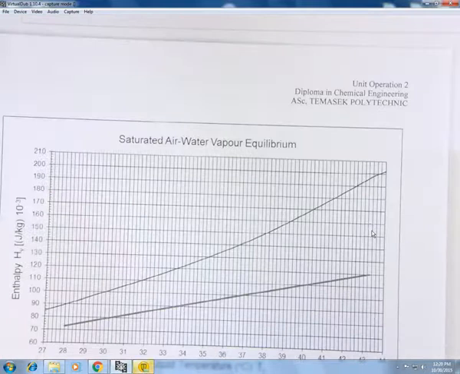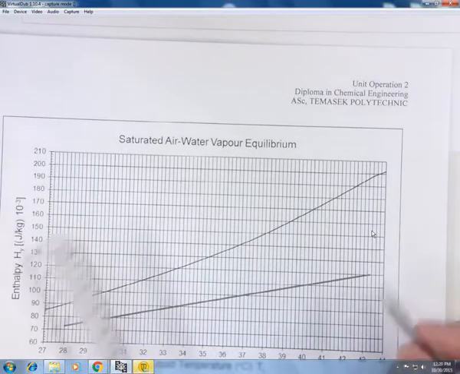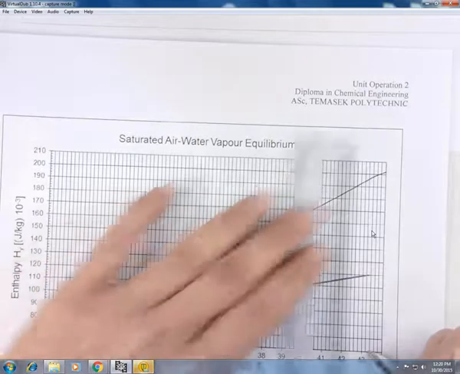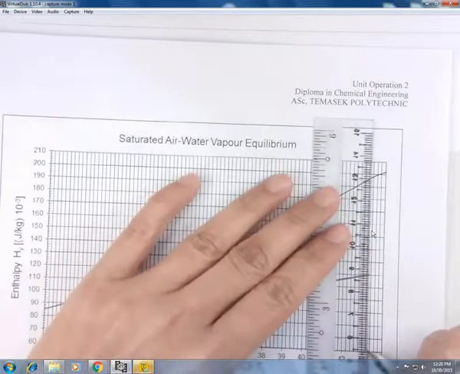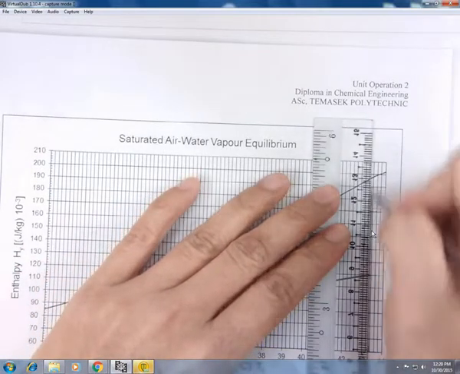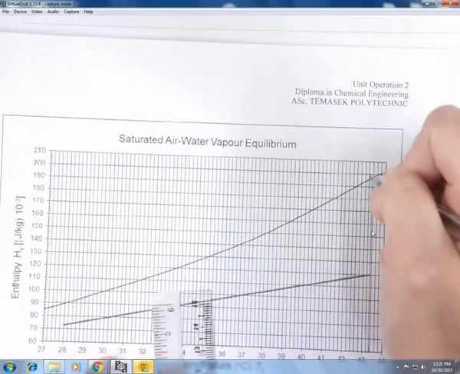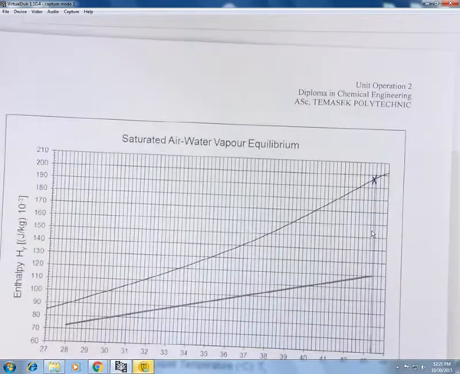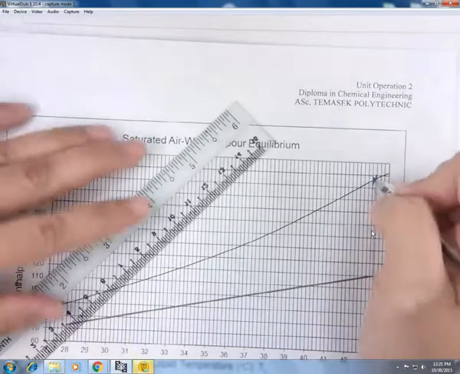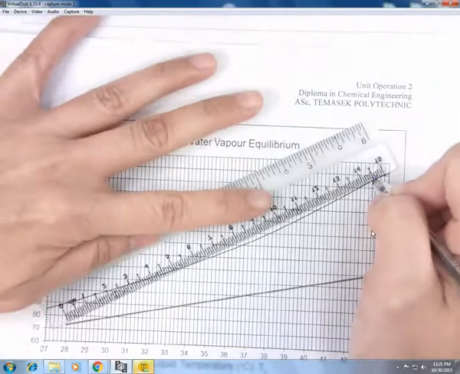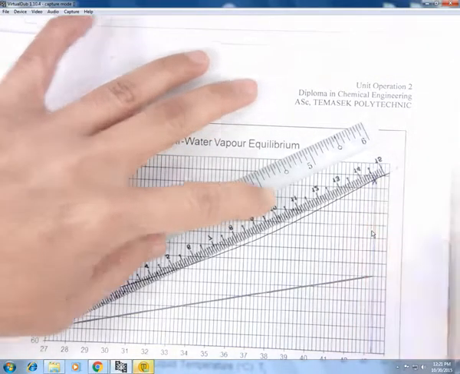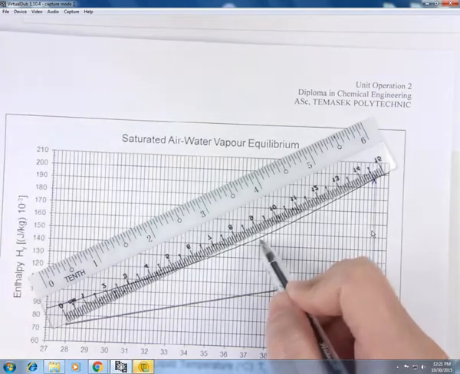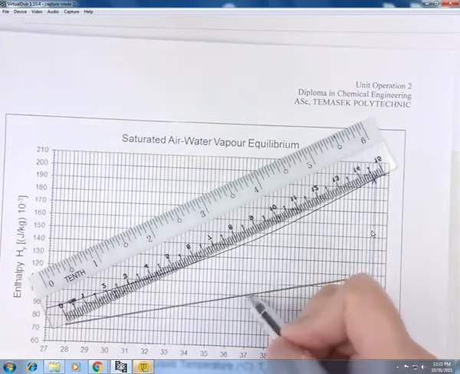So we need to draw our G minimum line. At 43.3, I need to draw up until it reaches the equilibrium curve. I will try to draw the minimum line. One thing you notice, if I were to attempt to draw it this way, it's going to cut the equilibrium curve. So please take note, operating lines can never cut the equilibrium curve.